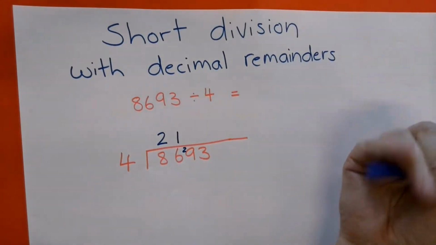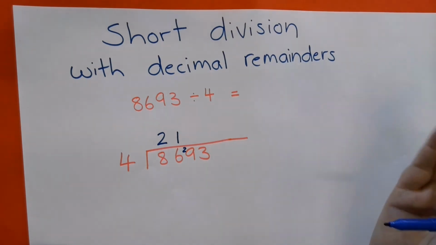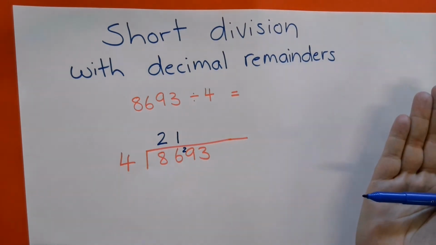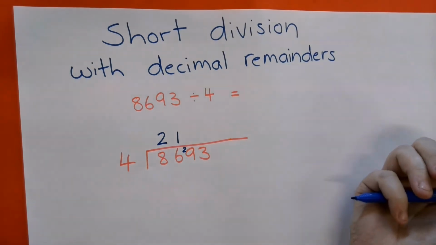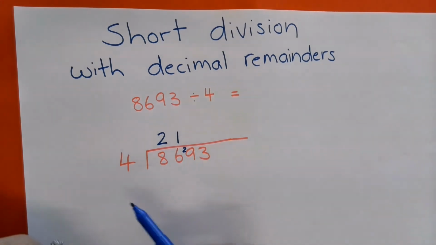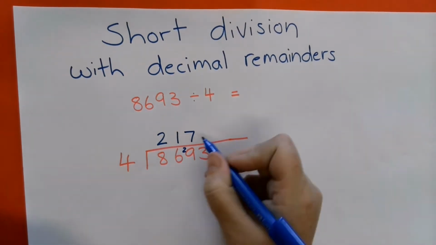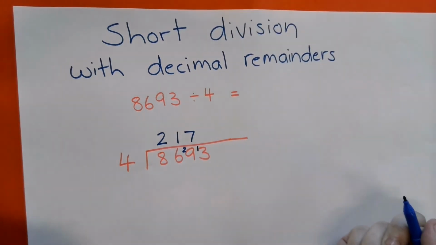Again, using my multiples: 4, 8, 12, 16, 20, 24, 28. If I go one more, I'm going to be going over 29. So I know that 4 goes into 29 7 times, which is 28, and I have 1 left over to make 29.